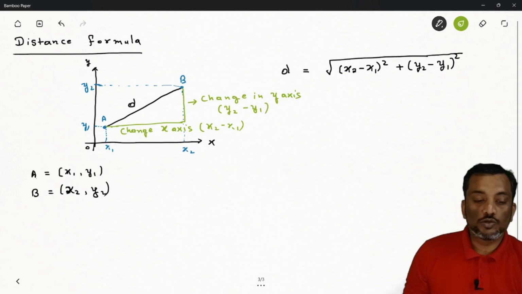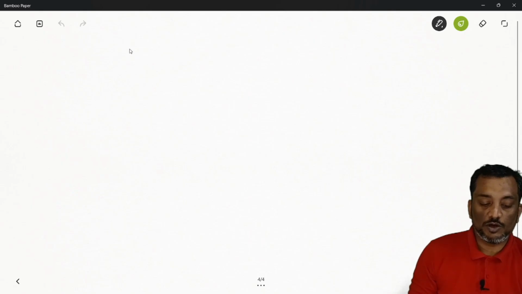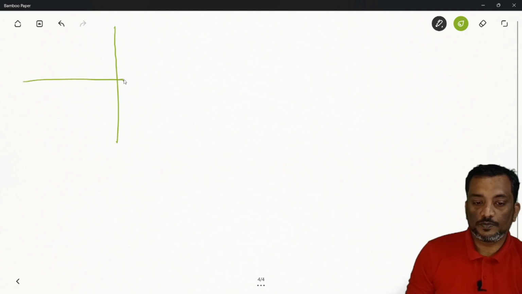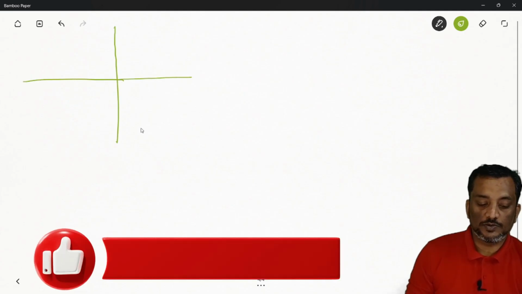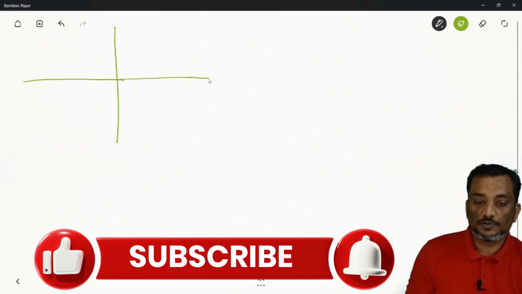So now let's do one question based on distance formula. If I say, hey, you have one coordinates given, this is a graph given. In this one, this is your x-axis, this is your y-axis.